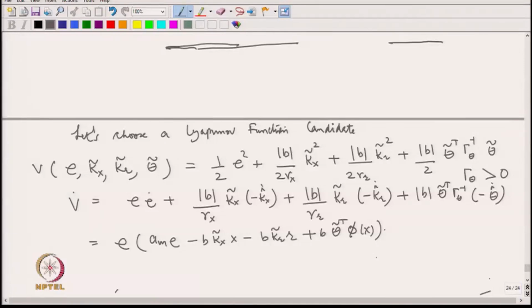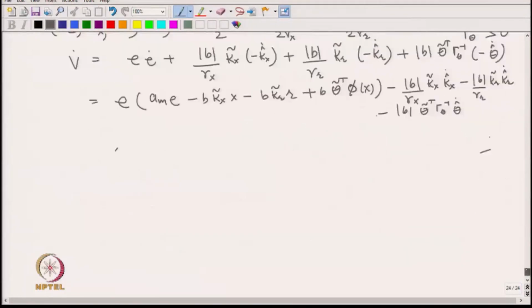Okay, and then we have minus the derivative, b over gamma r kr tilde kr hat dot, minus. Right.